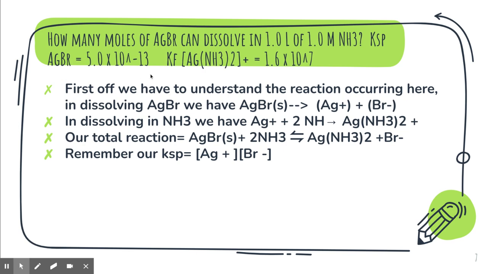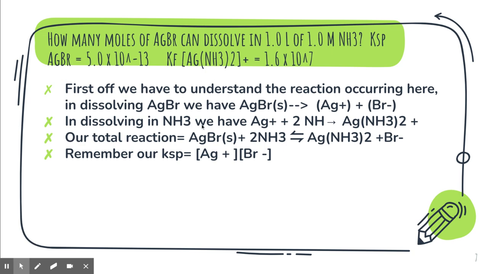First off, we have to understand the reaction occurring here. In dissolving silver bromide, we have solid silver bromide going into silver ions and bromide ions. Then we have to look at the context, because remember, it's dissolving in NH3.